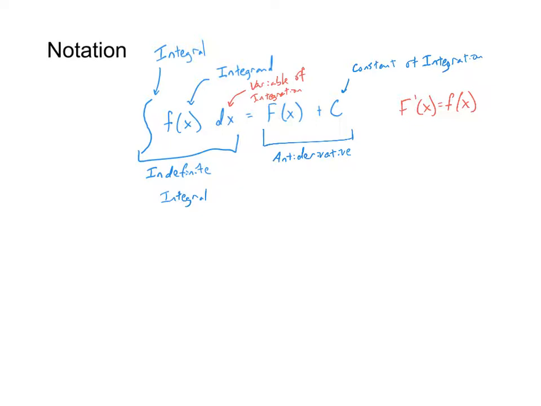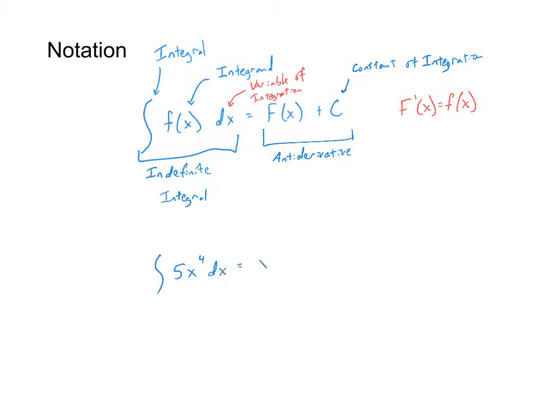Okay. All right, as a little example here, if I am taking the integral of 5x to the fourth with respect to x, I'm asking what is the function whose derivative is 5x to the fourth. Pause and think about it for a minute if you want to.